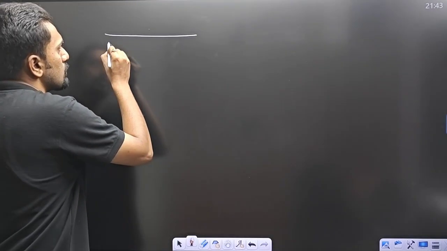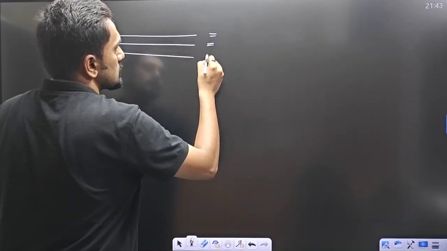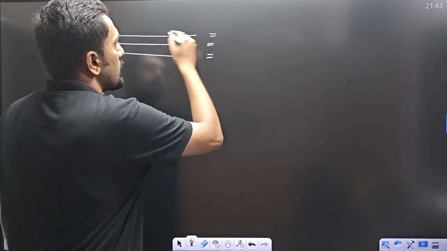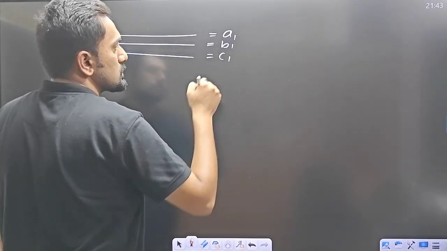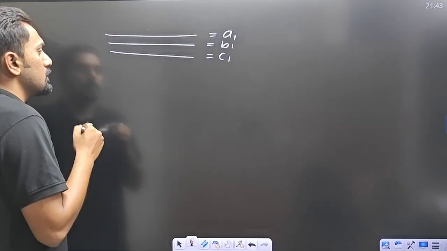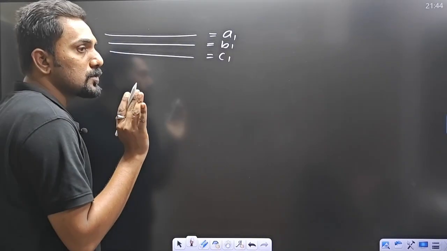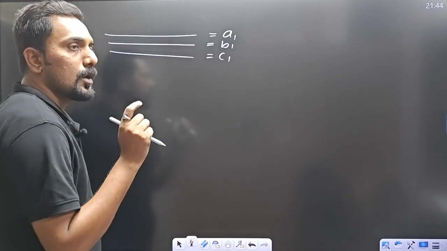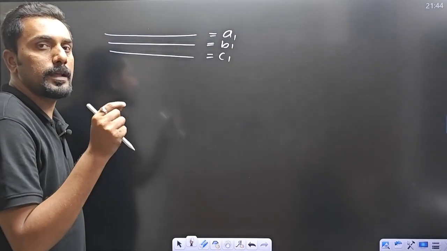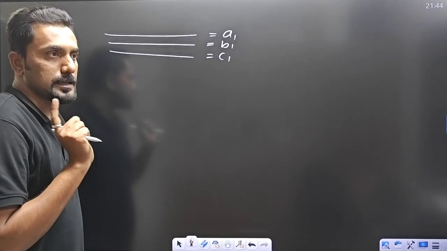Suppose there are three equations here. Let this equation equal A1, this equal B1, this equal C1. I am writing just the procedure to get the values for x, y and z. Solving is nothing but finding the values for x as well as y and z.